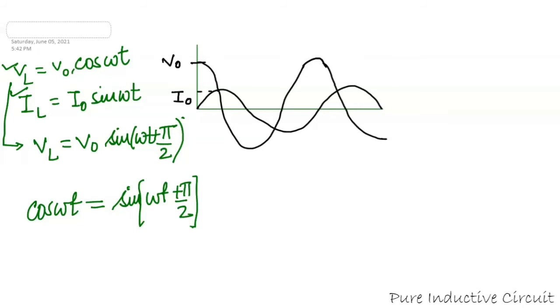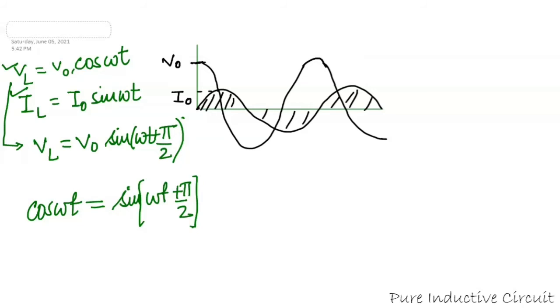Now what we can see, this current graph is at zero value at angle 0, but VL is at value V naught at angle 0. So VL is leading in this case, meaning VL is moving faster than IL.